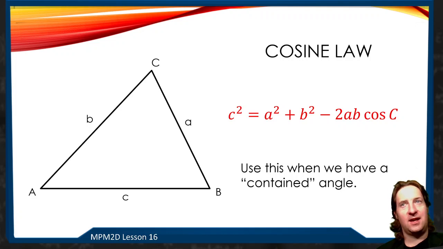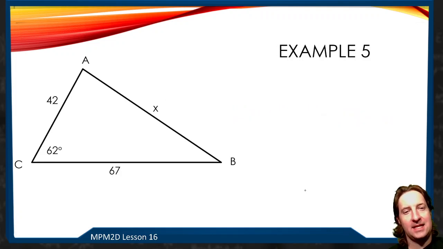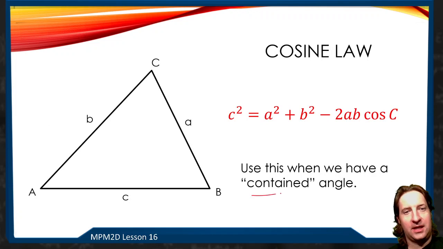We use the cosine law whenever we have what we call a contained angle. What do I mean by that?